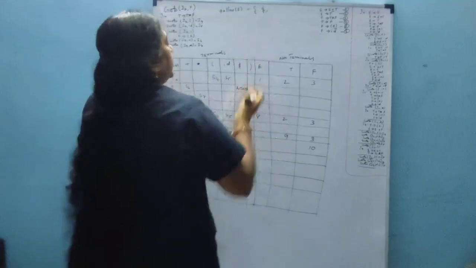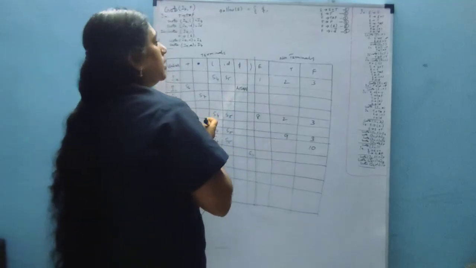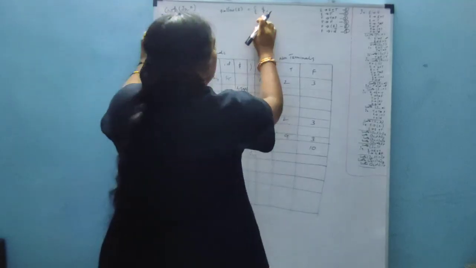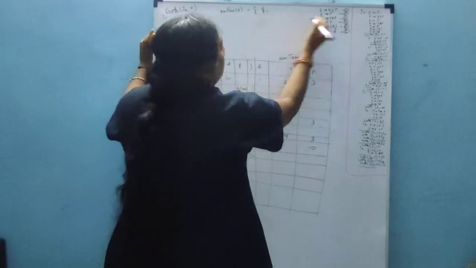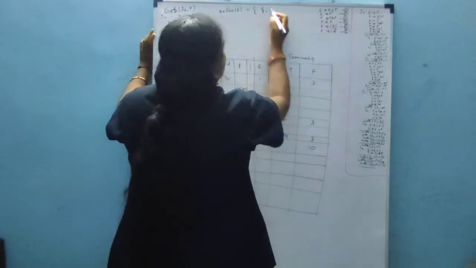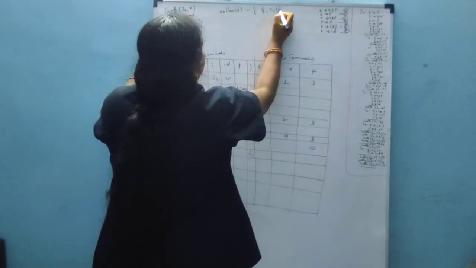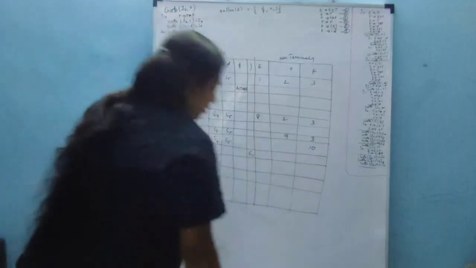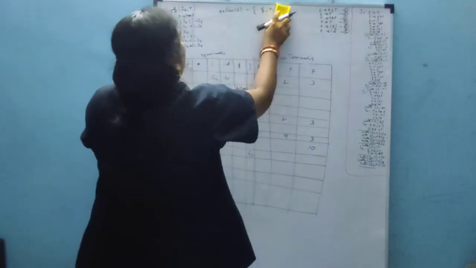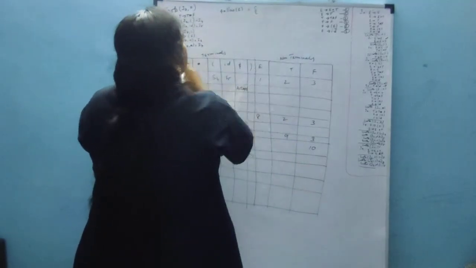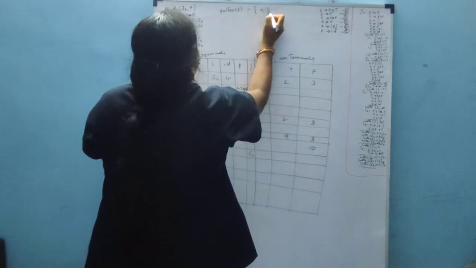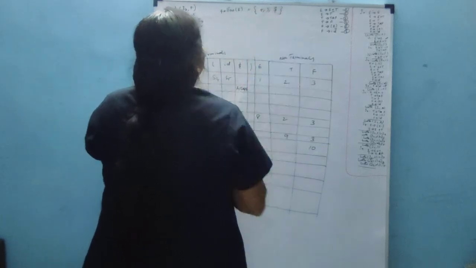Start symbol contains a dollar in its follow. So I am adding dollar. The next thing, follow of E: plus and then close bracket. So follow of E is plus, close bracket, then dollar.